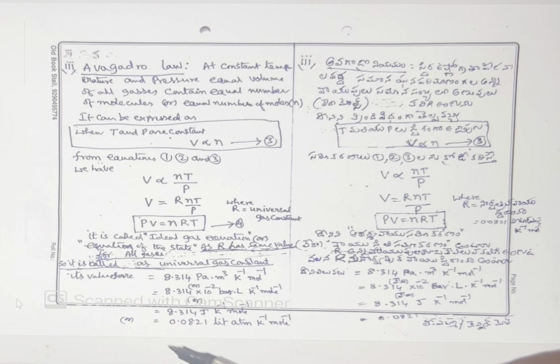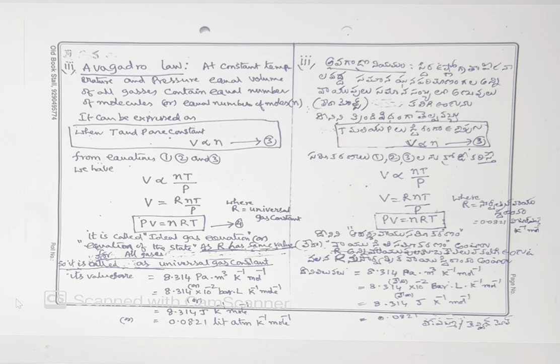Or you can write 0.0821 liter atmosphere per Kelvin mole. In this way, you can take R values accordingly to calculate P, V or T in the equation PV is equal to nRT, which is called the ideal gas equation or equation of state.